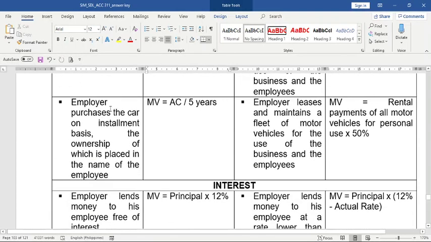Next, if the employer purchases the car on installment basis, the ownership of which is placed in the name of the employee, acquisition cost divided by 5. If the employer leases and maintains a fleet of motor vehicle for the use of the business and the employees, rental payments of all vehicle for personal use times 50%.